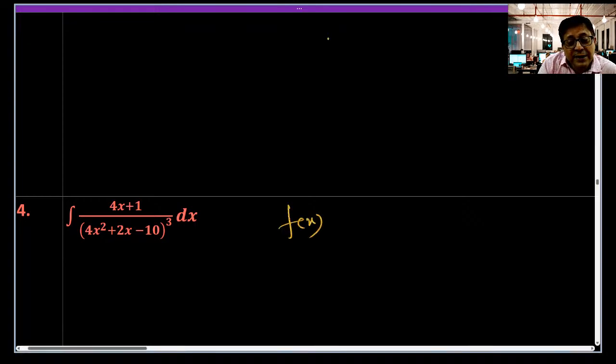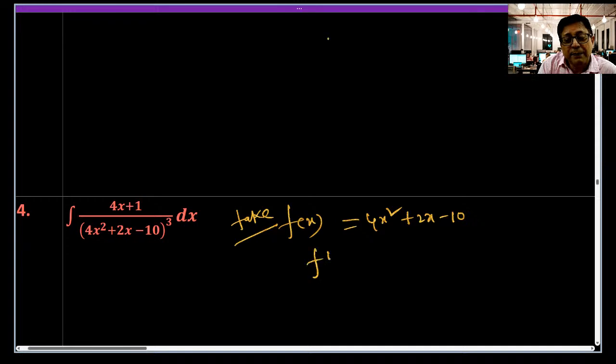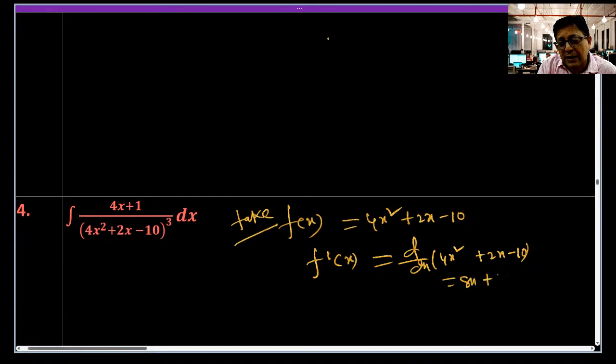If you take f(x) equal to 4x square plus 2x minus 10, f'(x) is d/dx of this thing, 4x square plus 2x minus 10, which is 8x plus 2, that is 2 into (4x plus 1).